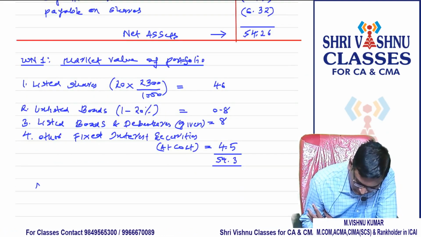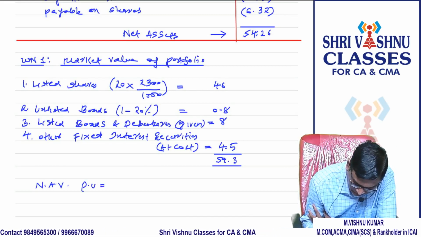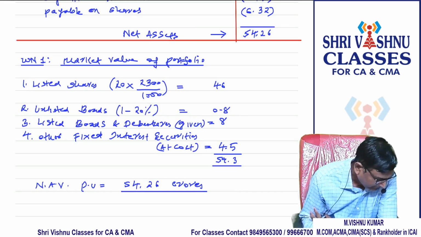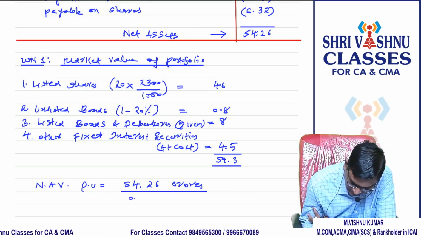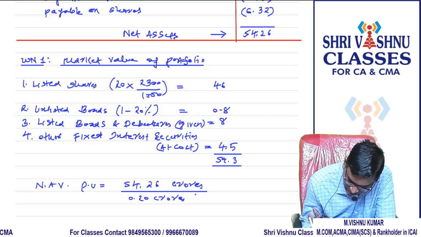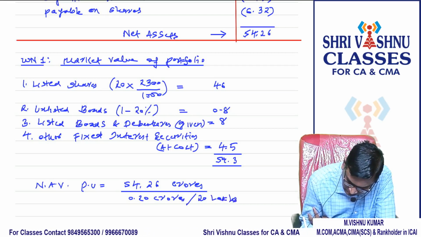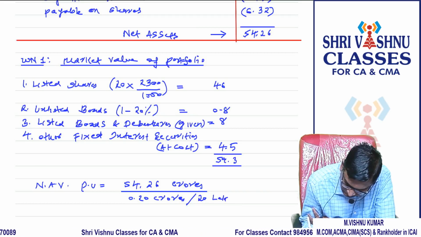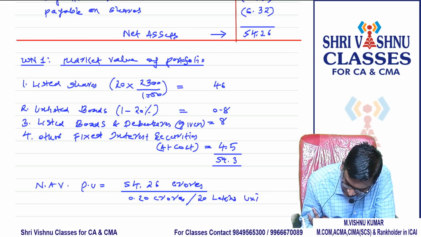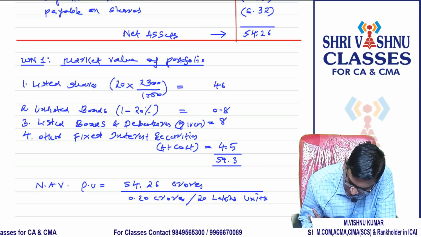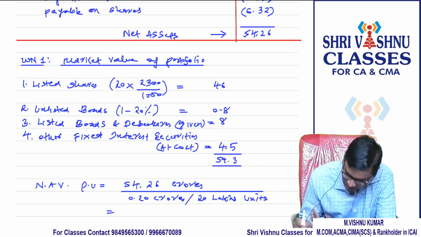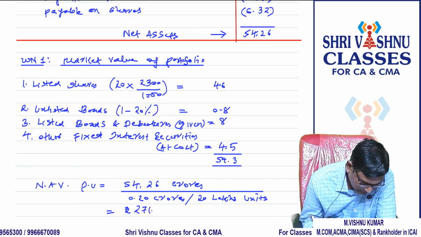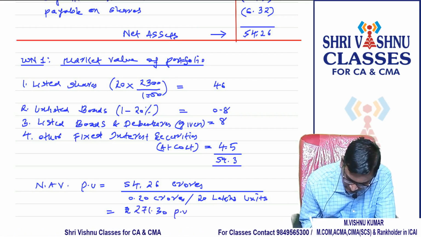54.26. How many units? 20 lakhs. 271.30 per unit.